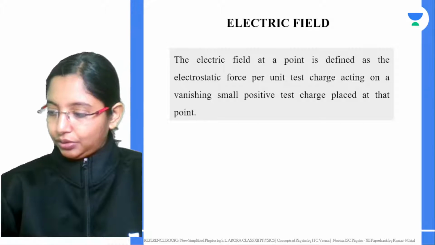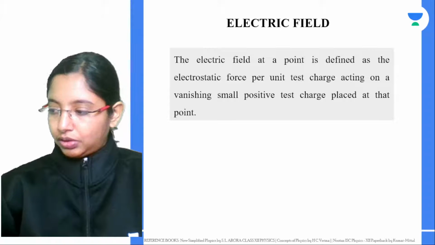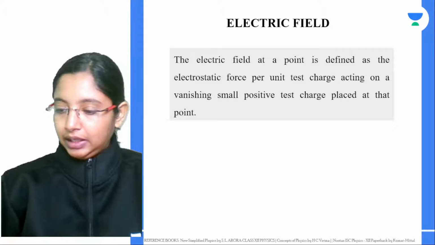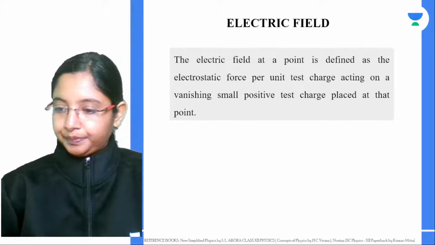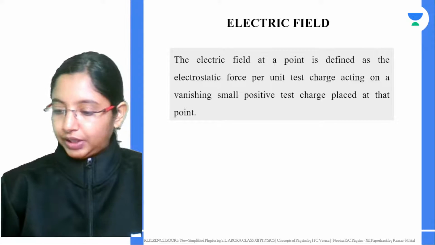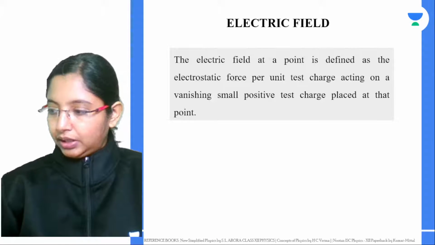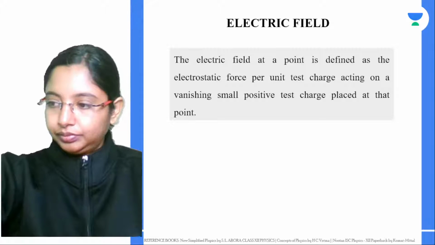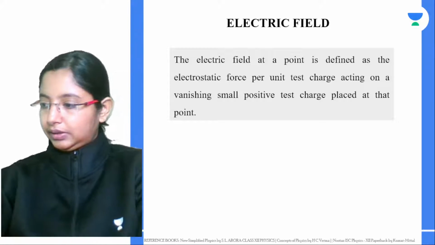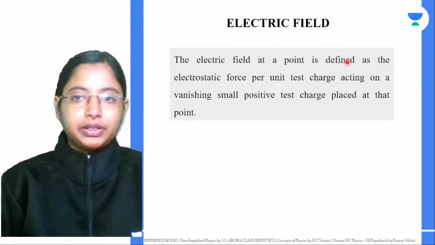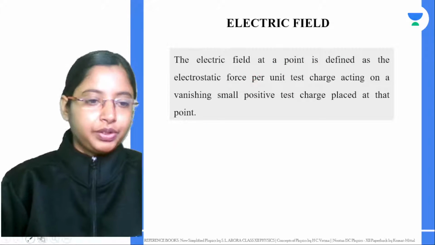Now let's try to do one question based on the electric field lines. What is an electric field? Electric field is given by a very simple equation. The electric field at a point is defined as the electrostatic force per unit test charge.